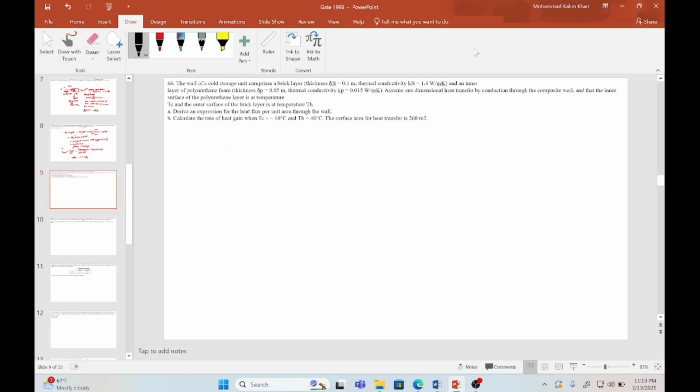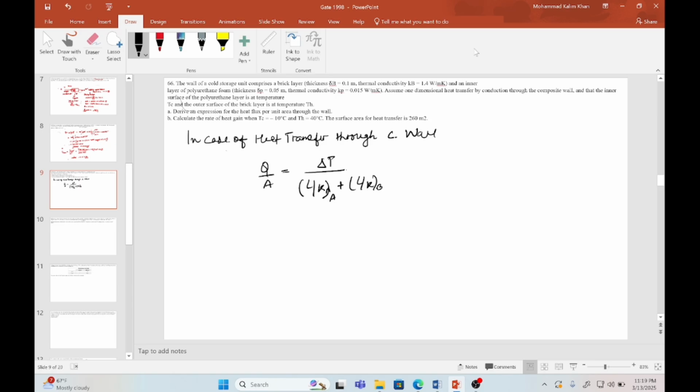So it is a straightforward question. In case of heat transfer through a composite wall, Q upon A is equal to delta T divided by (L_A upon K_A plus L_B upon K_B), right?